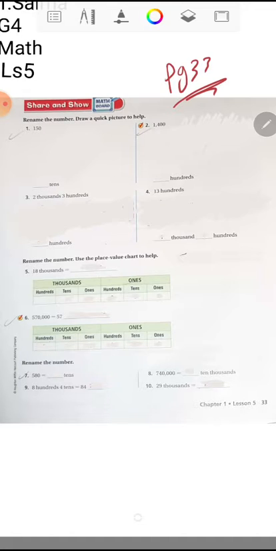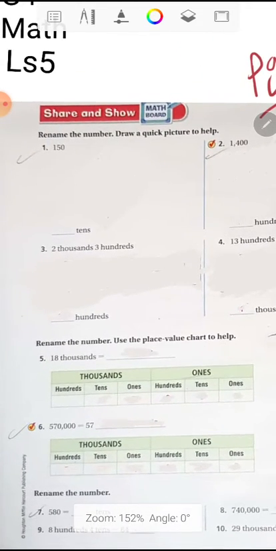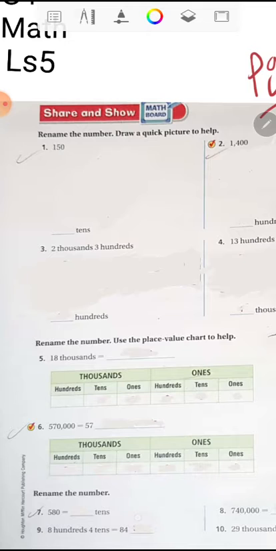How many tens do I have here? In the tens digit I have 5, so I have to use 5 what? 5 longs, right? 5 longs.